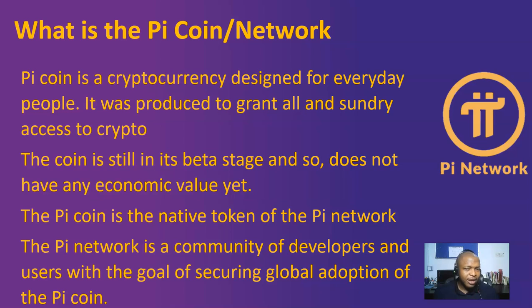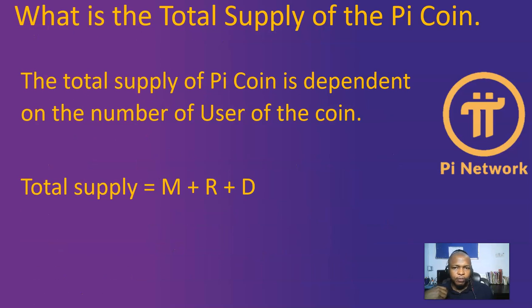The Pi coin is the native coin of the Pi network. The Pi network is a community of developers and users with the goal of securing a global adoption of the Pi coin. See it as Bitcoin in another form, but first the Pi team wants to build a community before the coin is in use.